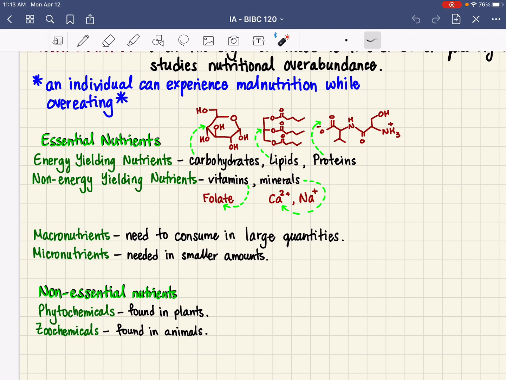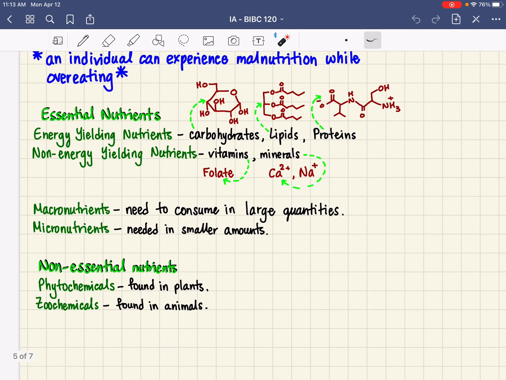And then minerals are important in your heart muscle, or sodium and potassium are important in electric transduction in your neurons. So these are still essential, however, they are not energy yielding. They will not give us ATP.